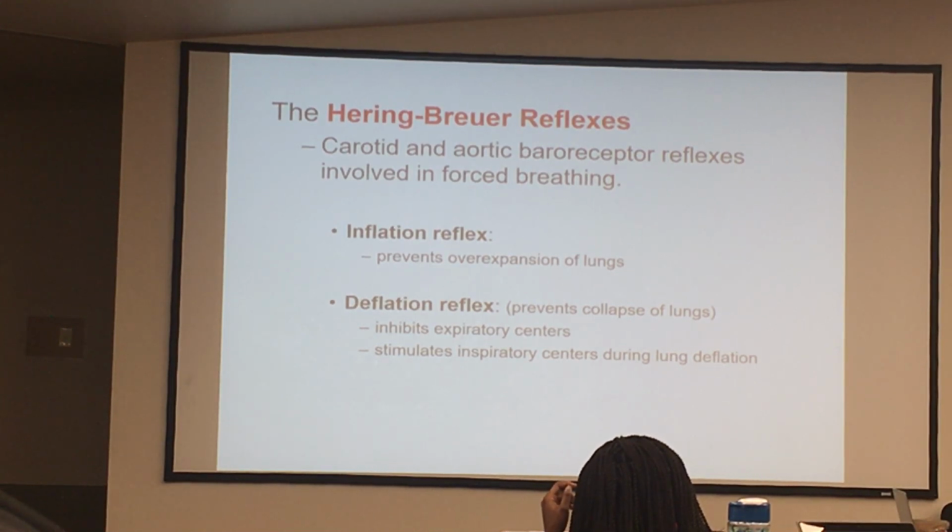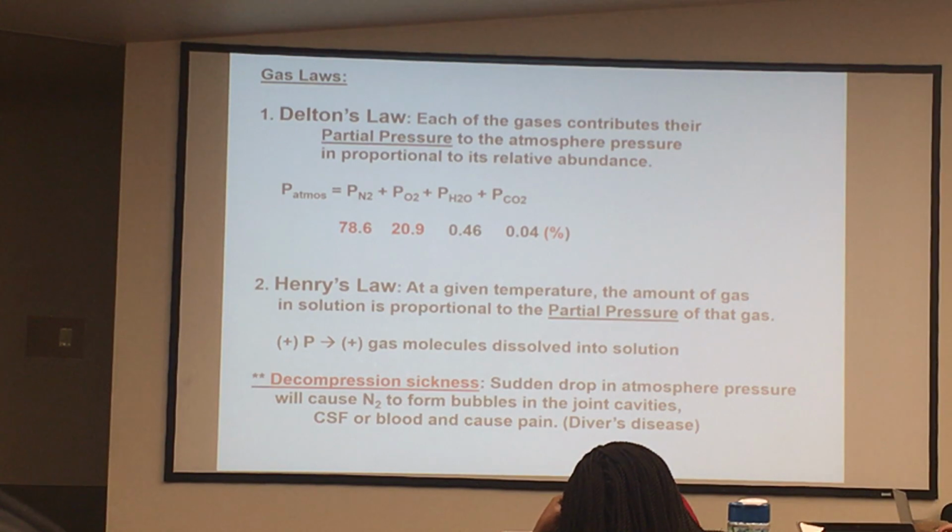During the Hering-Breuer reflex, our mechanism can prevent us from over-expanding our lungs or collapsing them, either expand or collapse. So that's by these two laws. The first law is the Boyle law, and the second law is called Dalton's law.